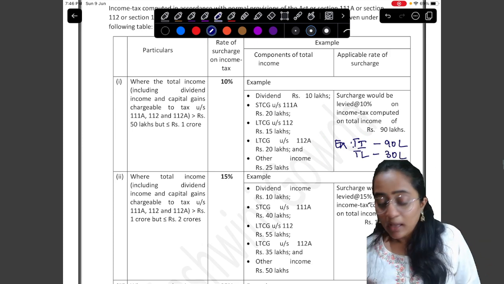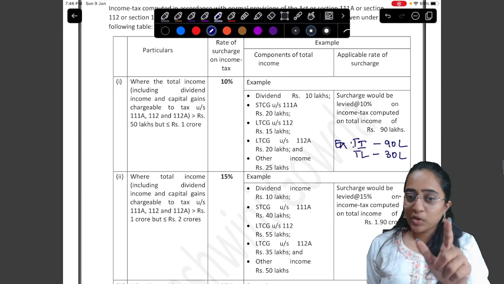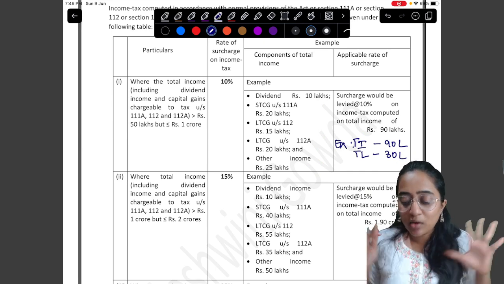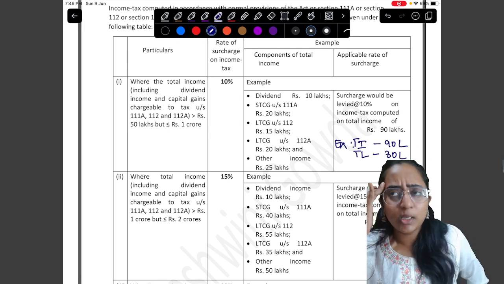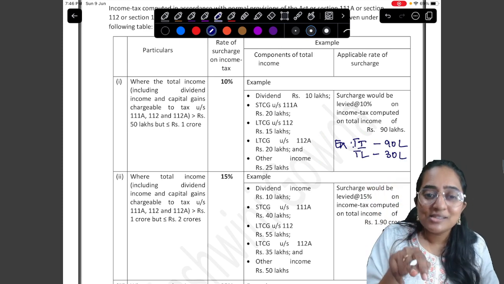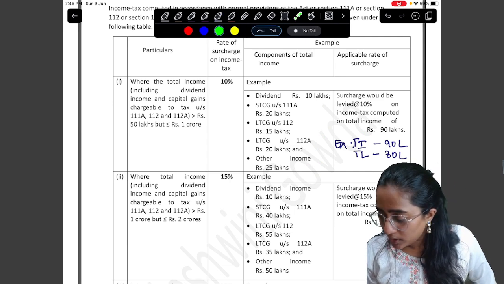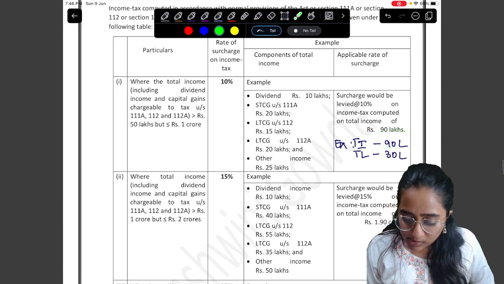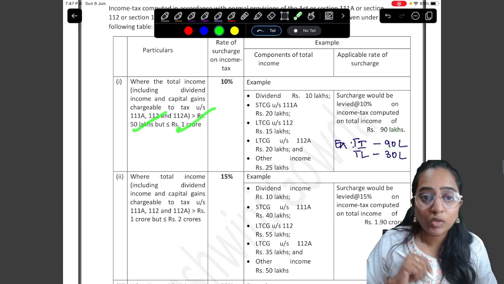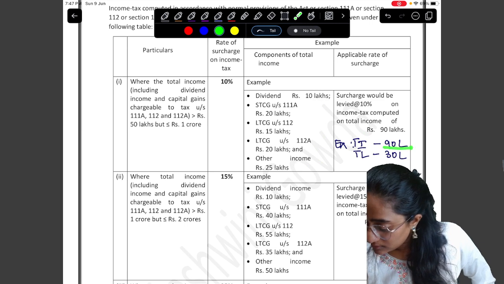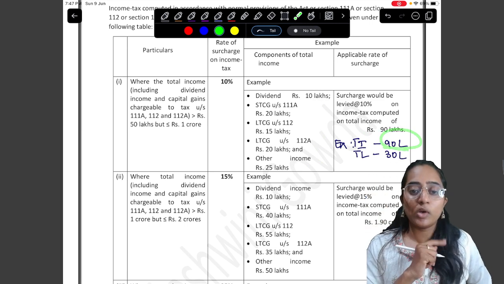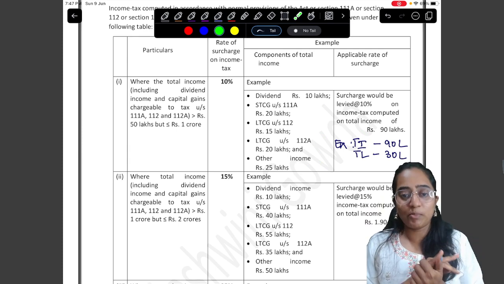And whatever the income tax which you have calculated, 30 lakh, now you're thinking, okay, is surcharge applicable or not? In order to answer that question, you are going to look into this point. If my income is greater than 50 lakh, less than or equal to 1 crore? Yes, it is greater than 50 lakh, less than or equal to 1 crore. Yes, surcharge is applicable.